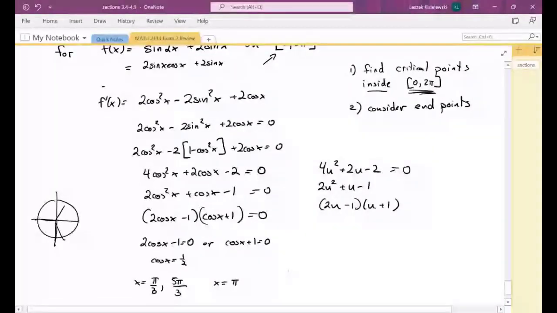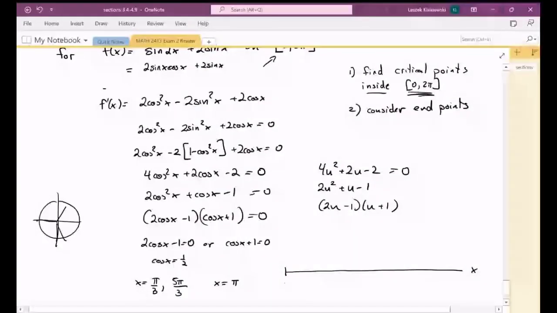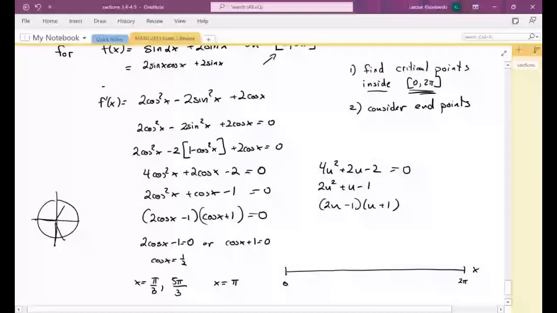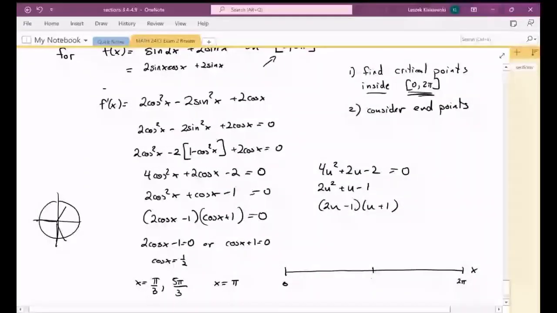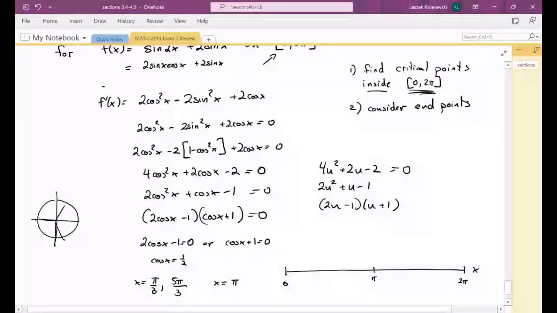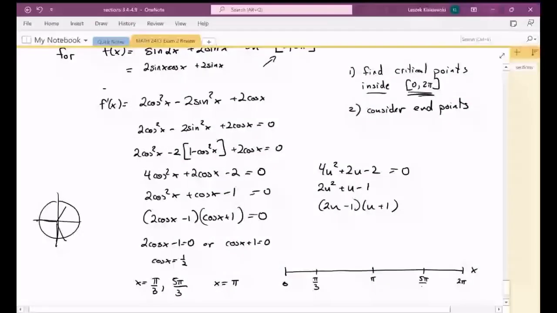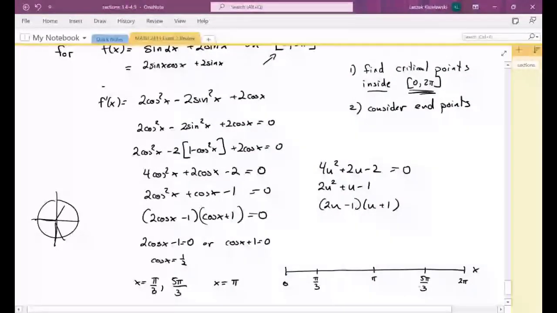All right. So we take the x-axis and we're restricting our world to this interval. And we have some critical points. So if you're just looking for absolute max and min, what could you do?